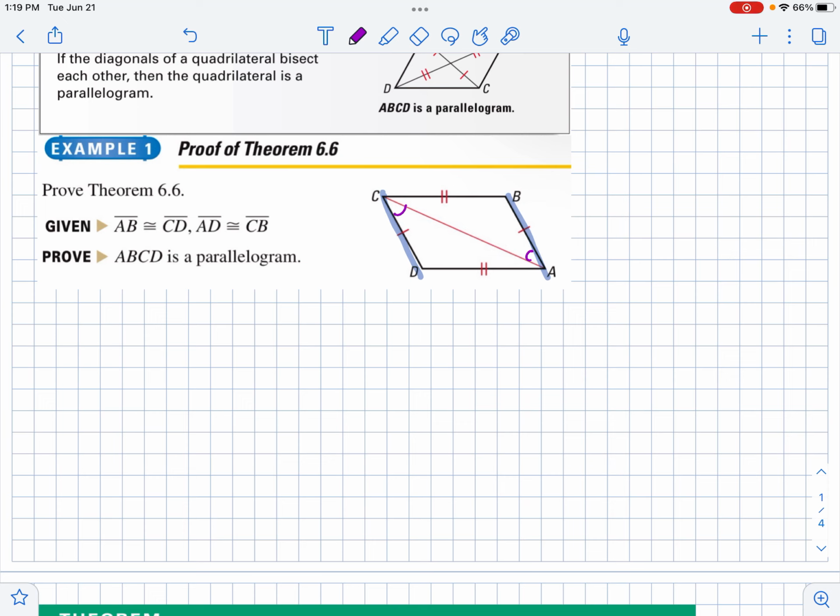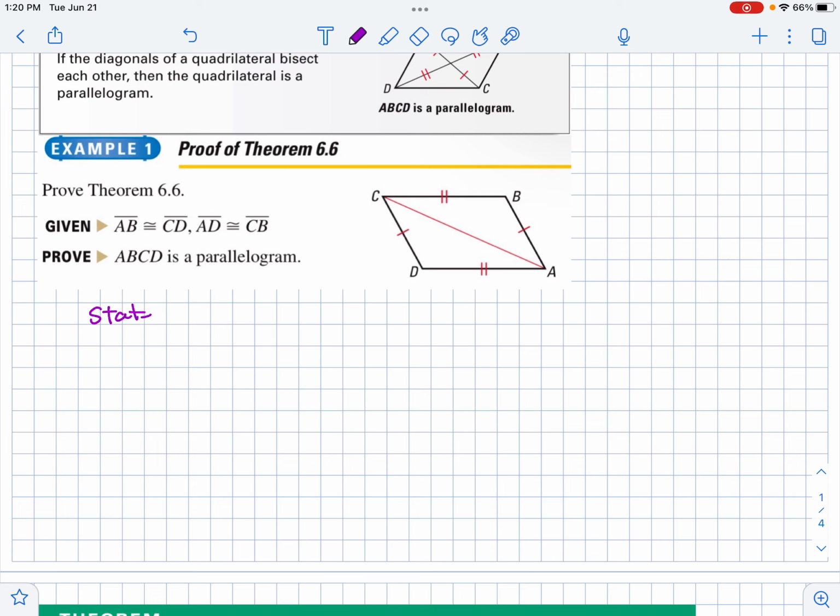Now that happens when you have two lines cut by a transversal. Here we have these two sides of the quadrilateral, and the diagonal goes up through there, but we're going to look at it as parallel lines cut by a transversal. Now, if those alternate interior angles are the same, then those lines are parallel. So let's go ahead and start here.